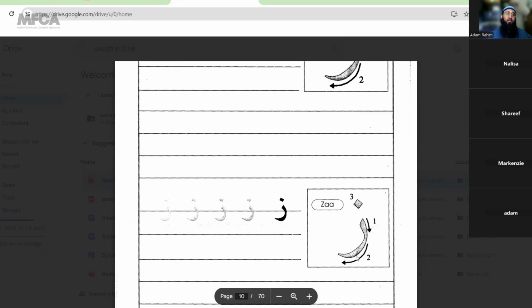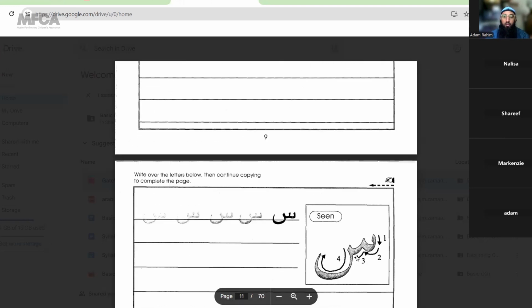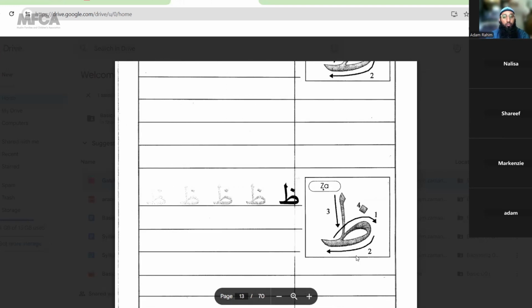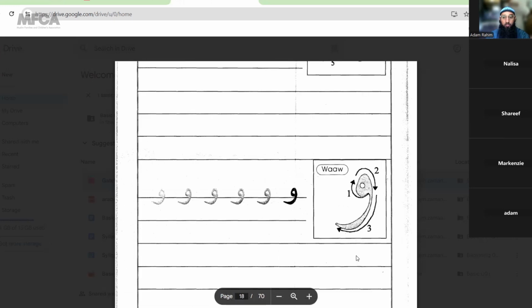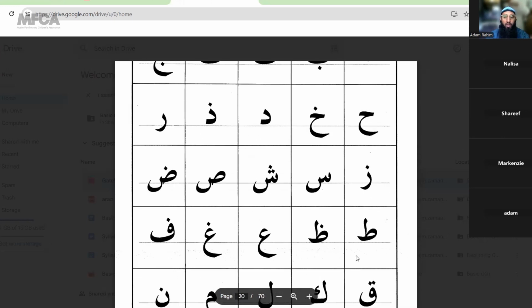Zai. Very good. So let's take a look now at these letters with their vowels. Who can remind me how many short vowels we have and what are they? We have three. Very good. And what are they, guys?